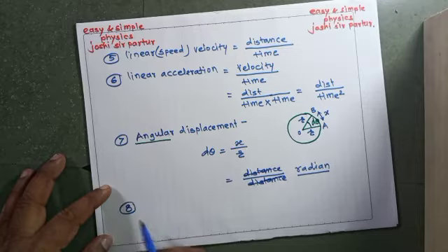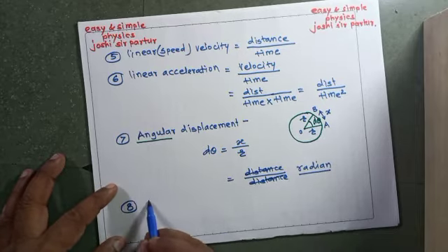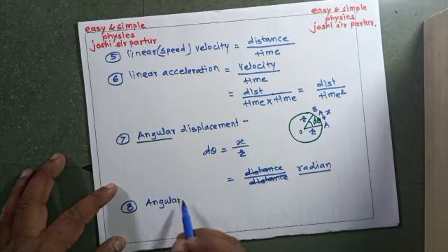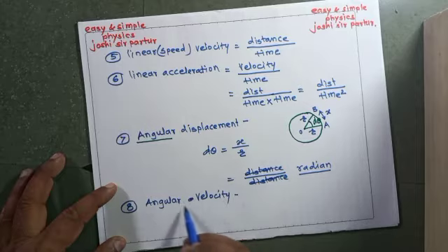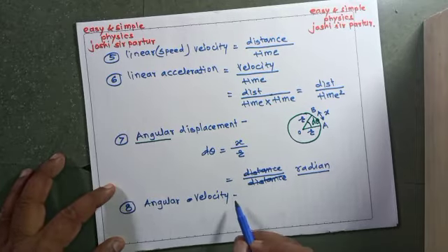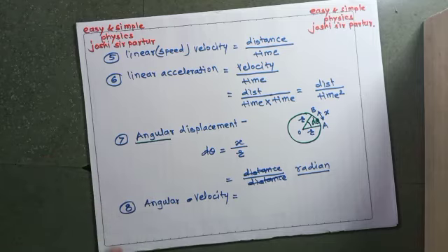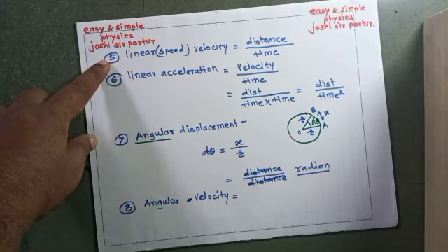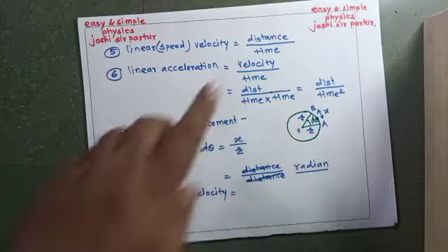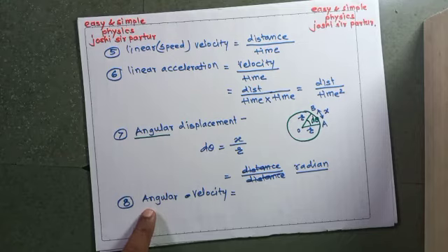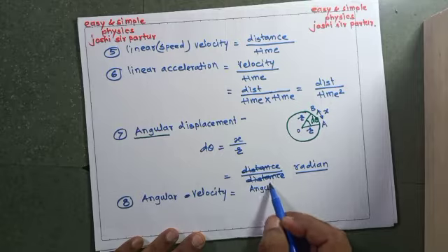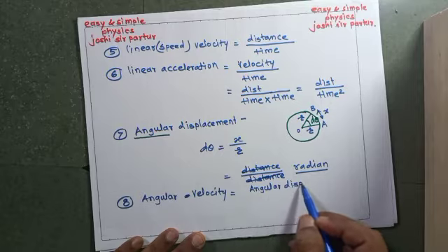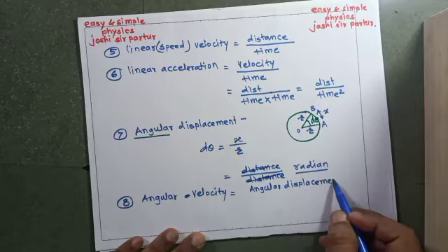The eighth physical quantity is angular velocity. Sometimes we can term it angular speed. Similar to linear speed, which is the rate of change in linear displacement with respect to time, distance upon time, angular velocity is defined as the rate of change in angular displacement upon time.